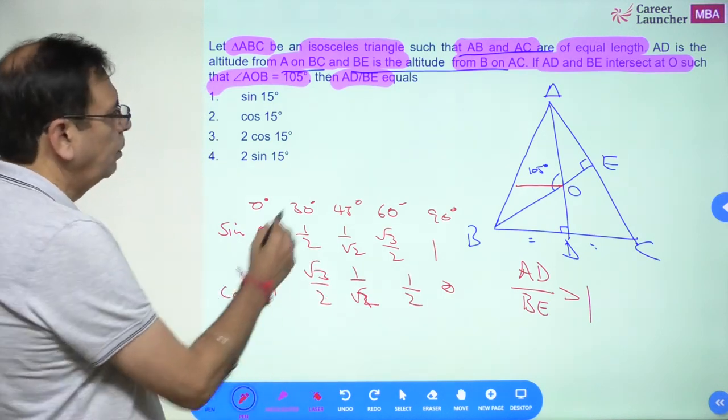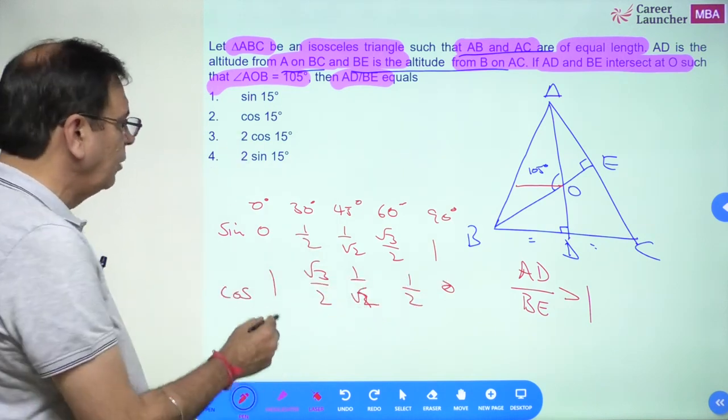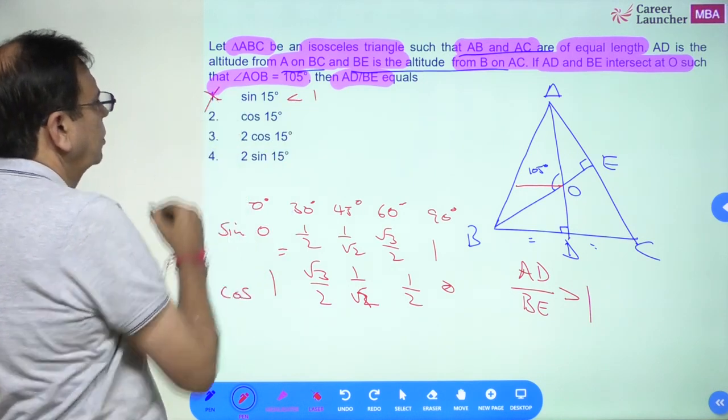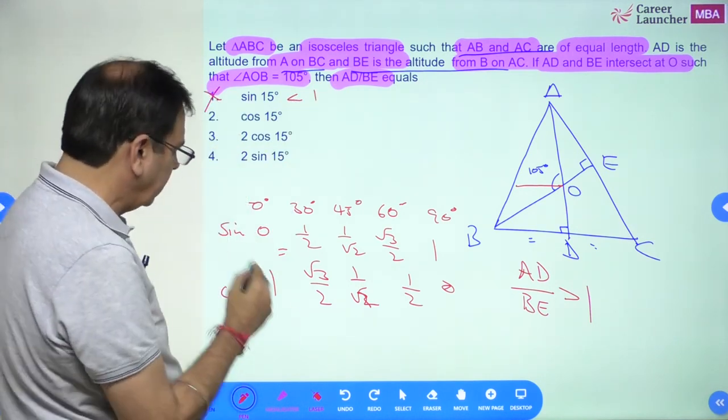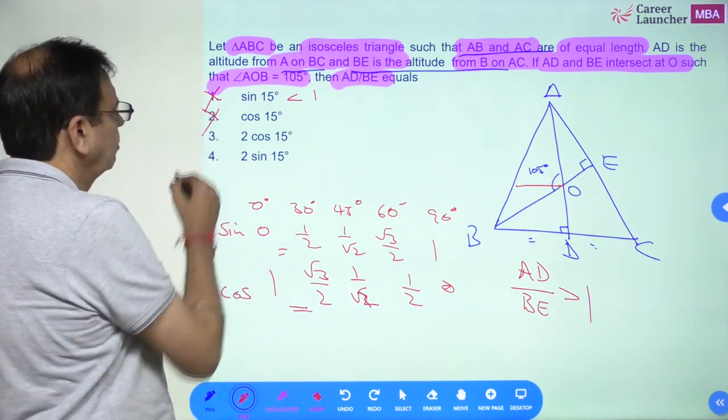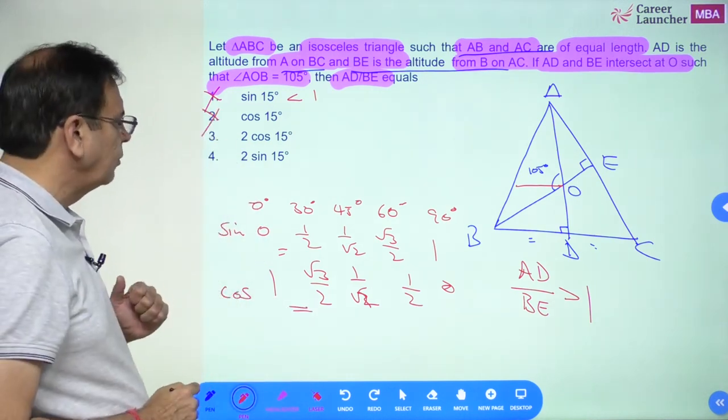Now look at it. My answer has to be greater than 1. What is sine 15? Sine 15 will be less than 1, wrong choice. Cos 15 will also be less than 1. Wrong choice.